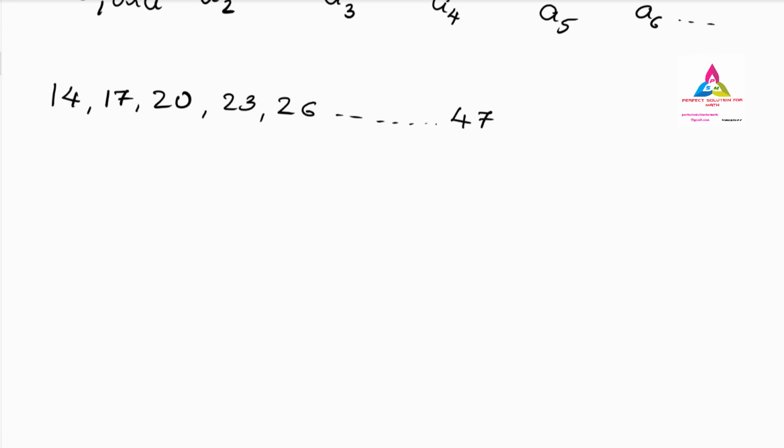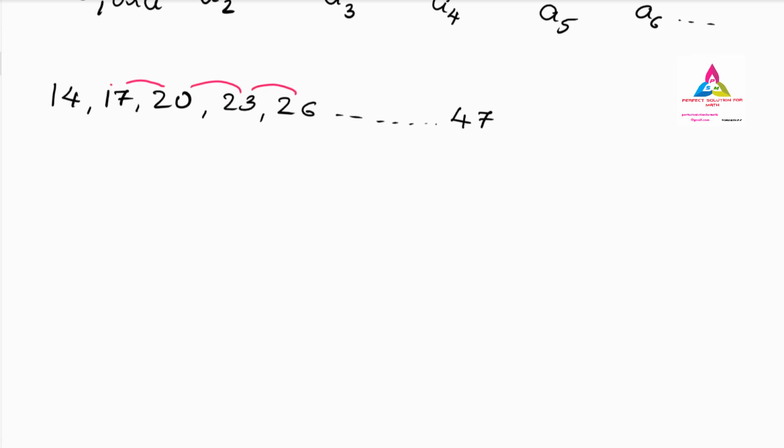So in this example we have the last number also. Going one by one, 14 to 17, the difference is plus 3. Again 20 minus 17 is plus 3, 23 minus 20 is plus 3, and 26 minus 23 is plus 3.